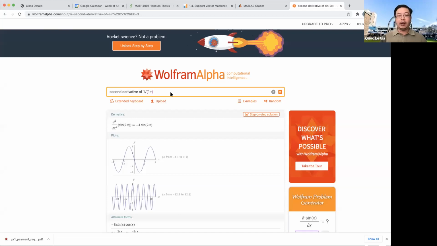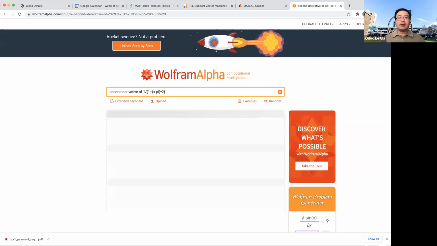So we need the second derivative of 1 over 1 plus (x minus pi) squared. What is the second derivative of this?